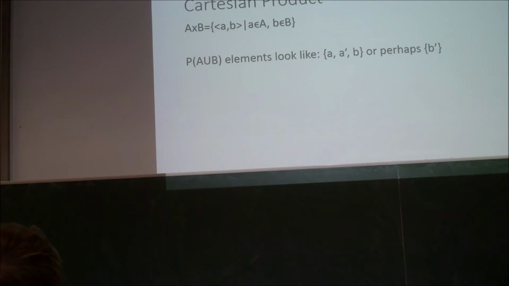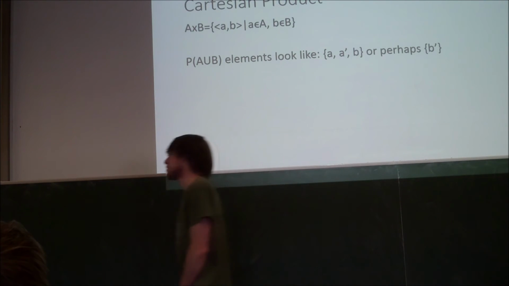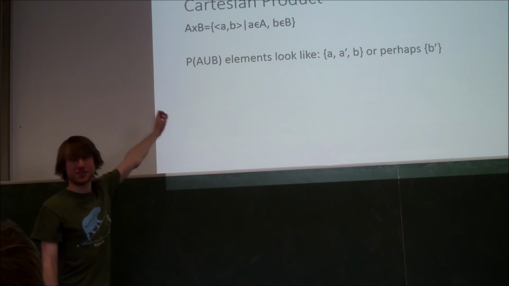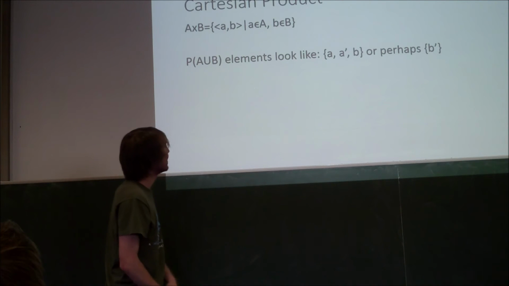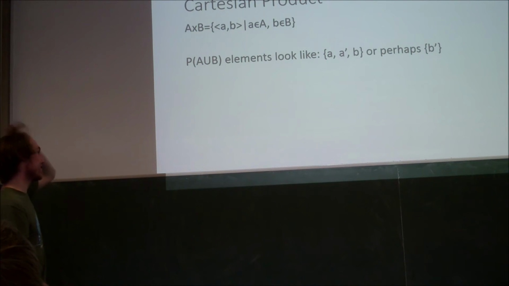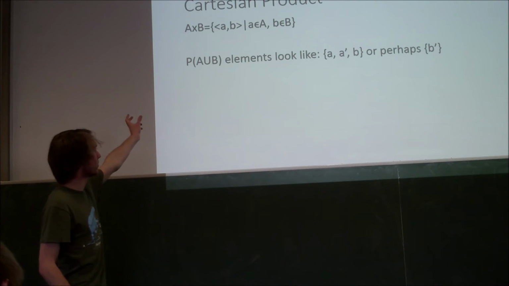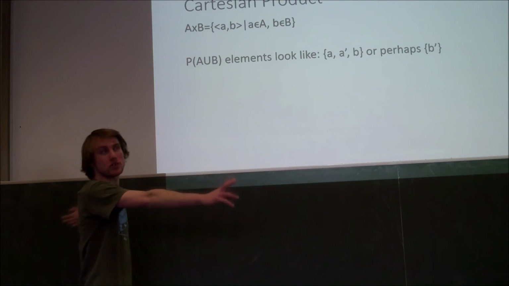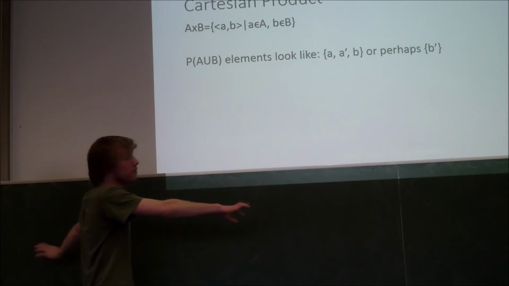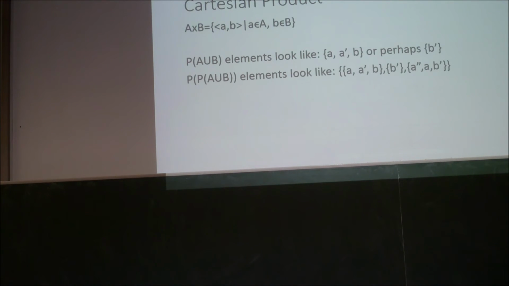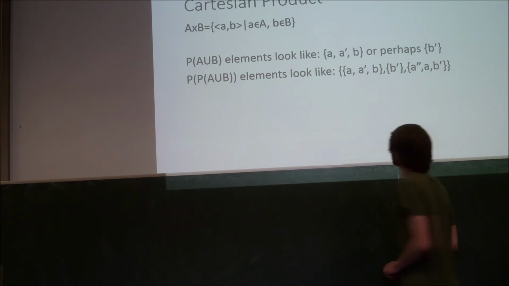So the way we do that is we first take the power set of A union B. So A union B has all of the little a's, which I'm writing as a's, and then with increasing number of primes in A, and b's with increasing number of primes in B. So if you take the power set of A union B, you get lots of subsets, all of which contain a mixture of elements, some of which are from A, and some of which are from B. And if we take the power set of that again, we're going to get sets of these things.